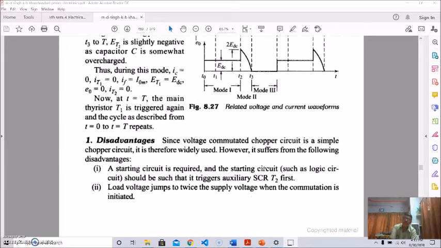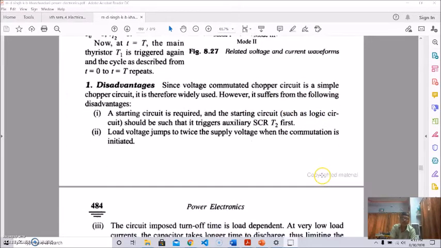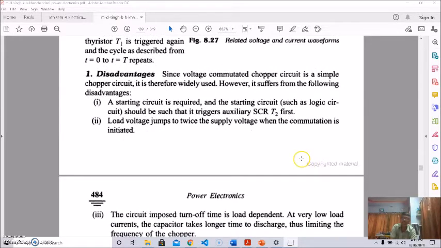What is the disadvantage of this chopper? Since the voltage commutated chopper circuit is simple, it is widely used. However, it suffers from certain disadvantages. First of all, a starting circuit is required, such as a logic circuit, which triggers auxiliary SCR T2 first so that the capacitor of the commutating circuit can be charged.